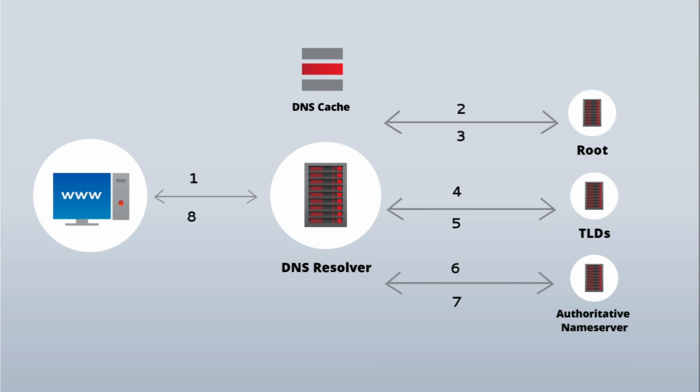But if you want to access a new website, the same process is going to happen again. So this is how it works when you want to access any website from the internet. This is called the DNS hierarchy.